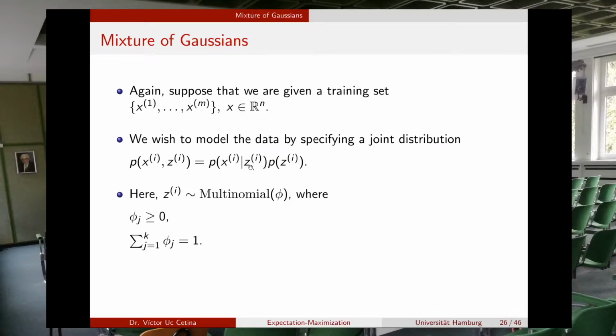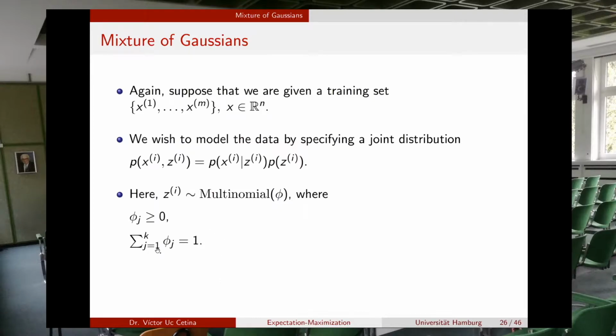Here these variables z are to be considered as multinomial given a parameter phi, where this phi for every j will be 0 or larger than 0, with the condition that if you sum all these phi parameters from j equals 1 to k, this sum should give you 1.